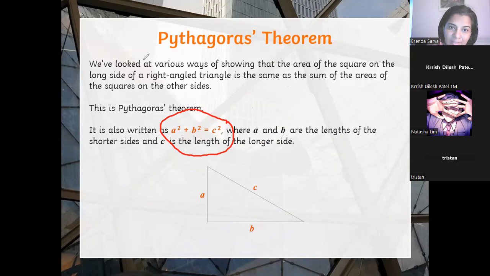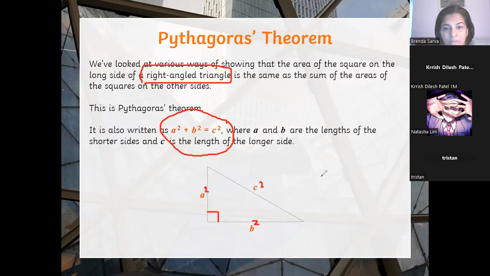You must know that this only works for a right-angled triangle. No others. The Pythagoras theorem is not to be applied to other triangles. It's only for a right-angled triangle. So this is an important thing you've got to keep in mind. And remember, A squared plus B squared is going to give you C squared.